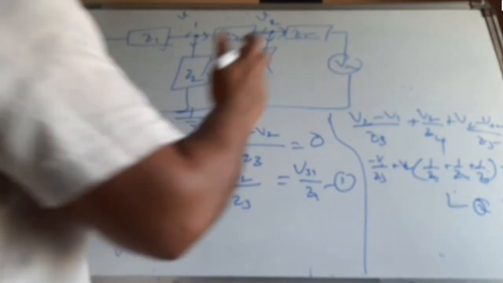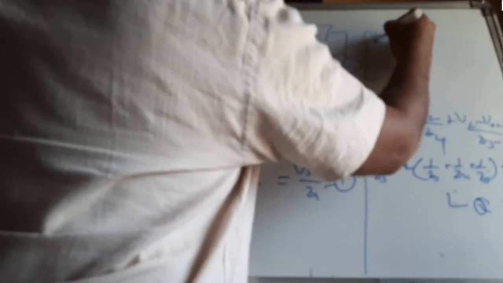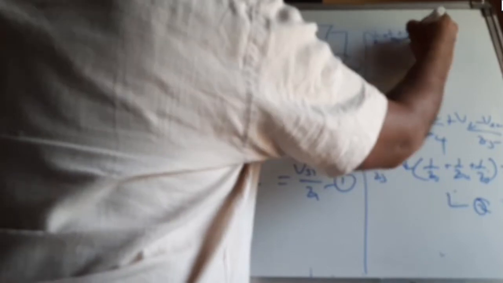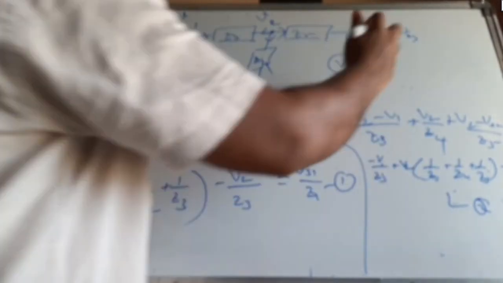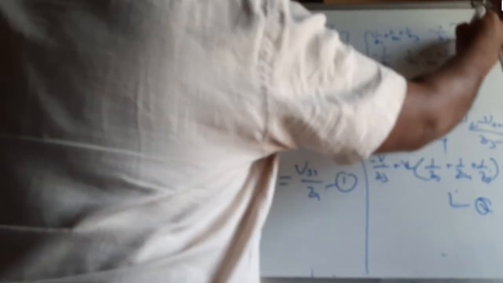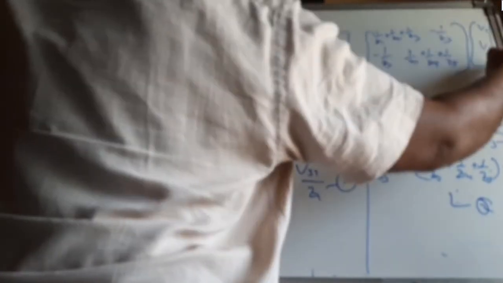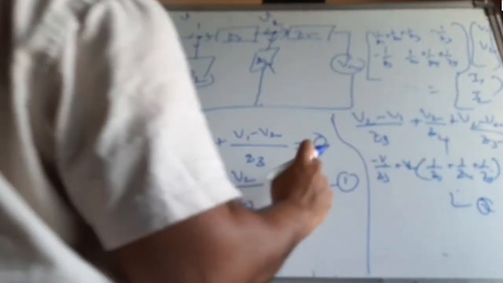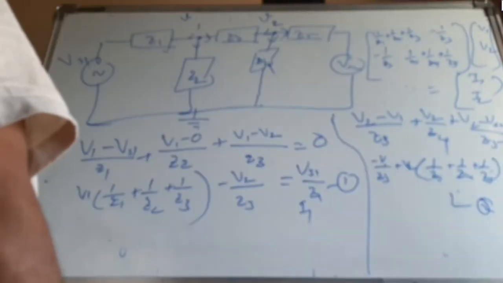I'm going to form the matrix: 1 by Z1 plus 1 by Z2 plus 1 by Z3, minus 1 by Z3, minus 1 by Z3, and 1 by Z3 plus 1 by Z4 plus 1 by Z5, multiplied by V1 and V2, equal to I1 and I2, where I1 is equal to Vs1 by Z1 and I2 is equal to Vs2 by Z5. This is the matrix.